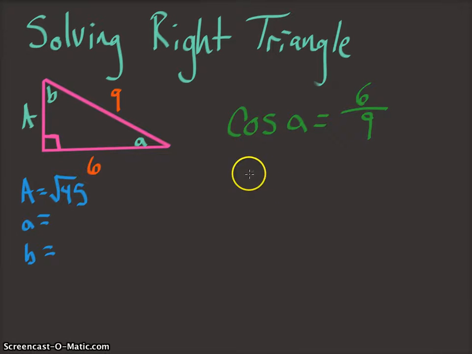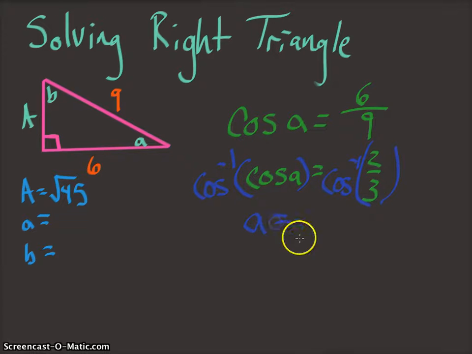So now we have cosine of A equals 6 over 9, which reduces to 2/3. I've written it like this because we now need to take the inverse cosine of each side. And we're left with A equals cosine inverse of 2/3.